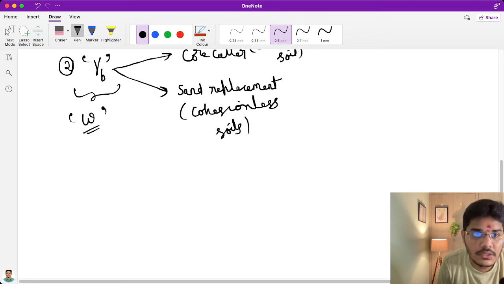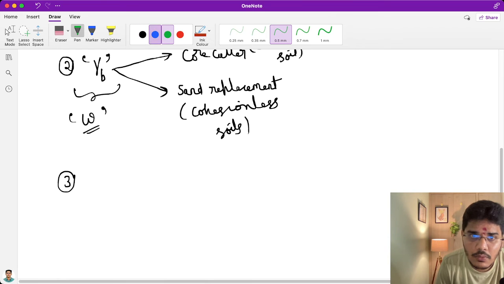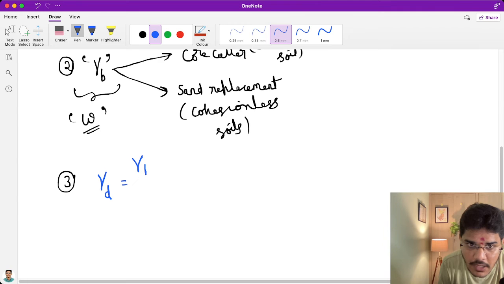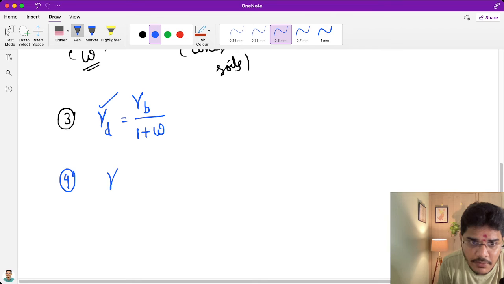After finding gamma B, till now we know the bulk unit weight and the water content. We have correlations: gamma D can be found using the formula gamma D = gamma B divided by (1 + w). From this, gamma D can be calculated. One more relationship we have: gamma D = G gamma W divided by (1 + e).